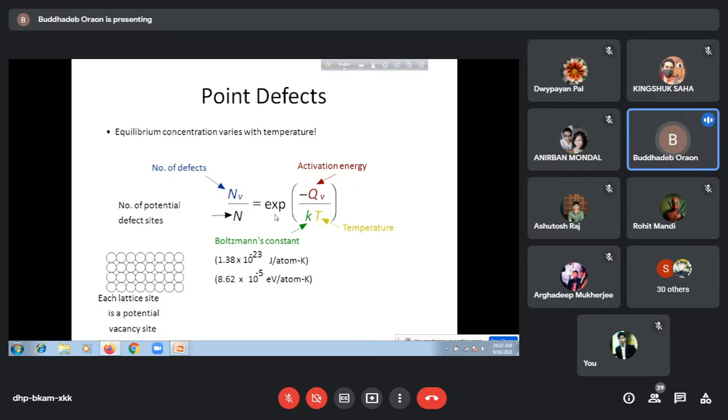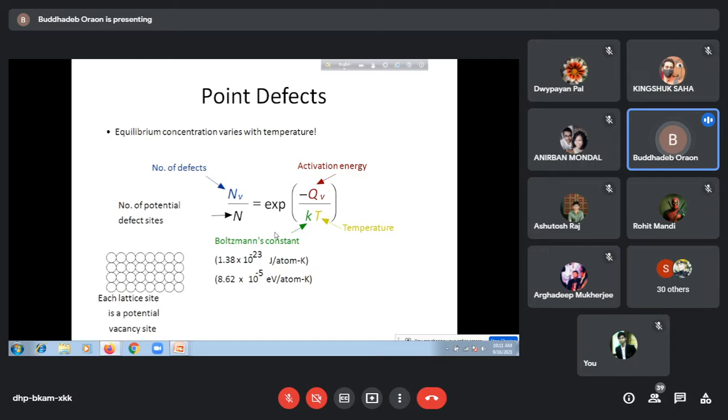The right hand side is exponential of minus Qv divided by kT. Apart from T, we have k, which is familiar to us, known as the Boltzmann constant, and it has this value. And Qv is another important parameter known as activation energy, here per atom. That means if you want to generate one defect, the amount of extra energy required is the activation energy.